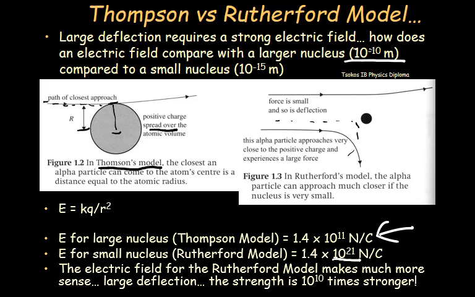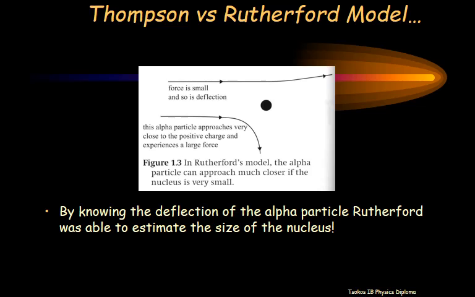This is on the order of 10 to the 10th times stronger. So, major orders of magnitude difference, and that allows for that huge deflection. And with that deflection, we're able to actually estimate the size of the nucleus.